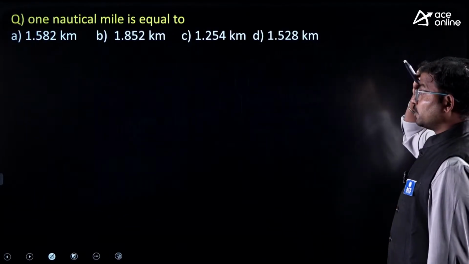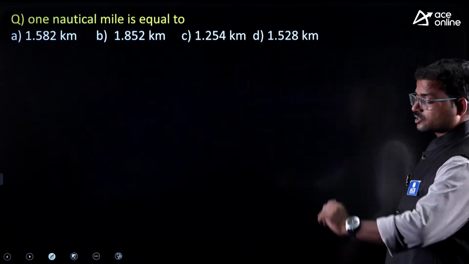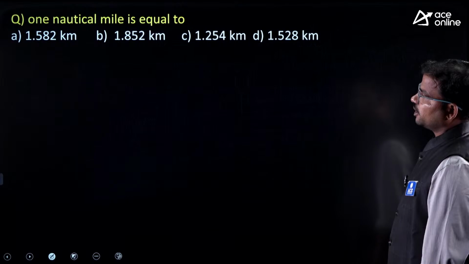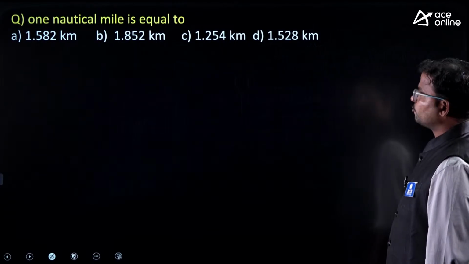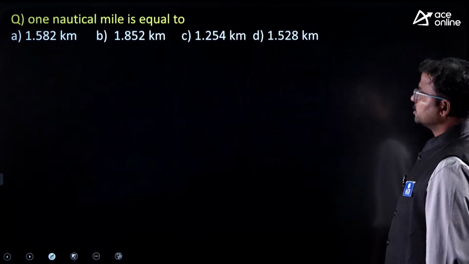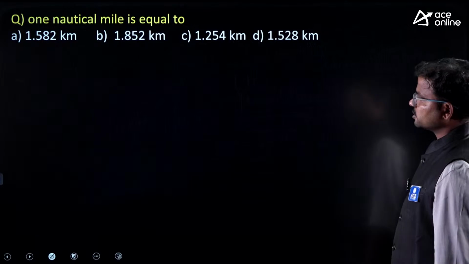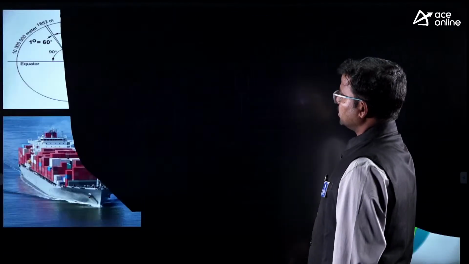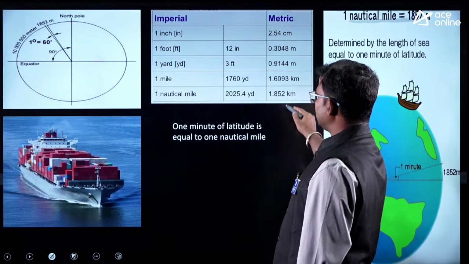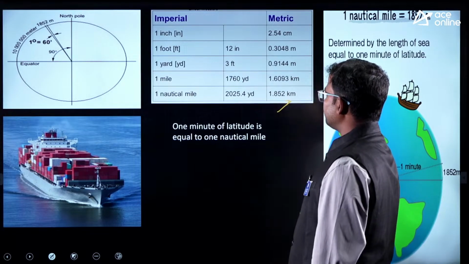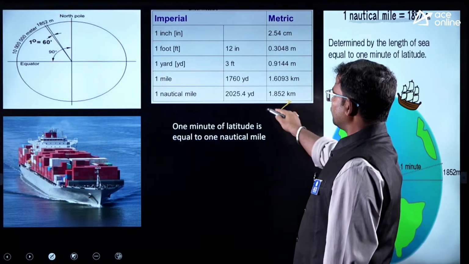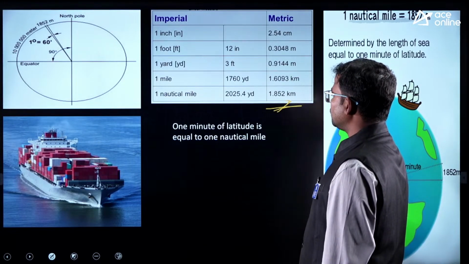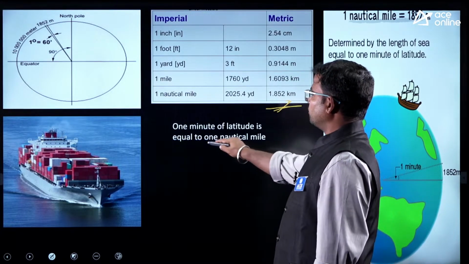Right, 1 nautical mile is equal to, this is also a basic type of question. 1.852 kilometers. This type of question is also mostly expected in your examination. So 1 minute of latitude is equal to 1 nautical mile.